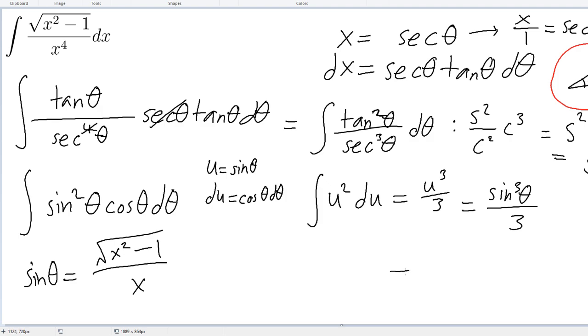So here our answer for sine cubed theta over 3x cubed, I mean, cubing this would be x squared minus 1 to the 3 halves, because the exponent for the square root is 1/2. So cubing that would be 3 halves. This is pretty much your answer.